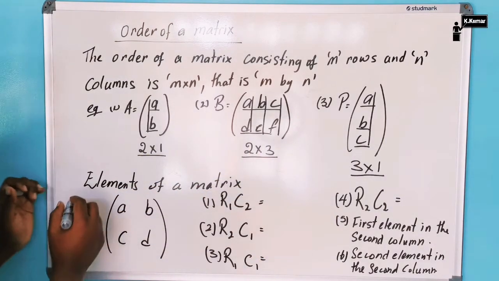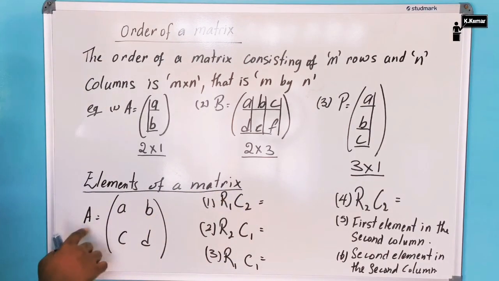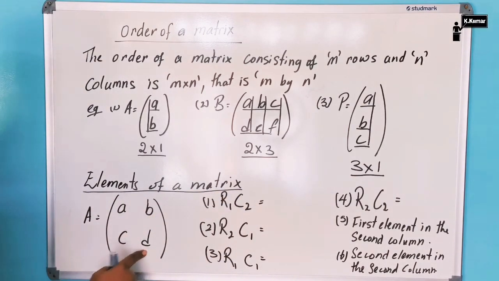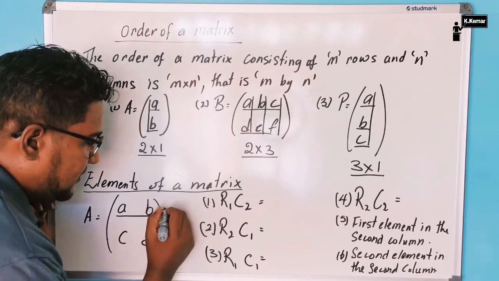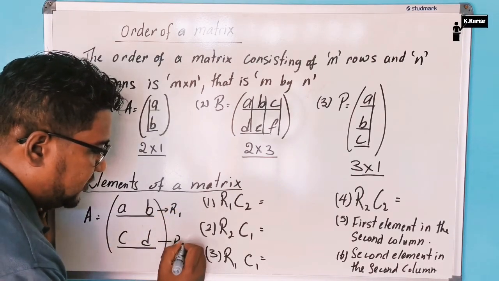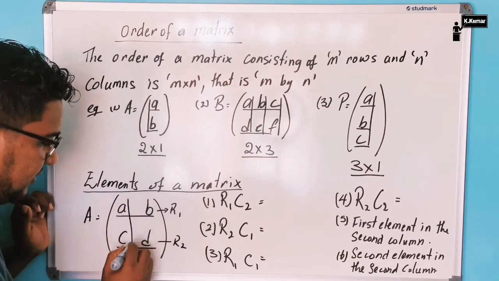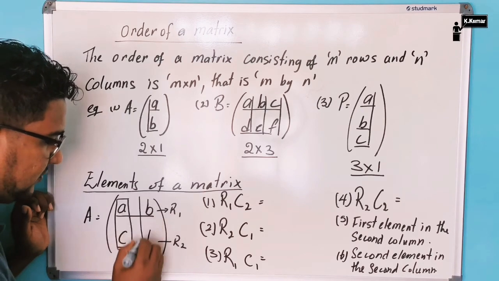The other thing we have to look at is the elements of a matrix. So if you look here, we have the matrix A equals A, B, C, D. And I have 6 questions on the board. Now, remember this is row 1. And this is row 2. This is column 1.